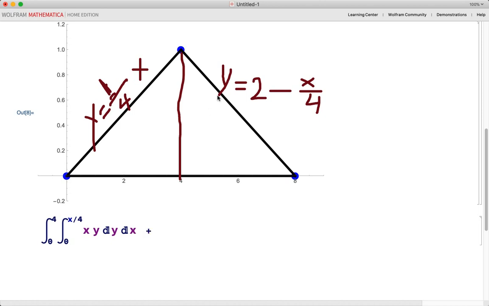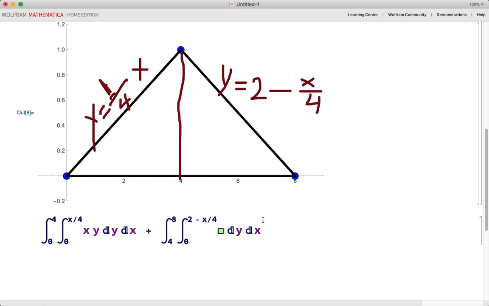Plus, now I have to take care of the right side of the triangle. Here, the x limits go from 4 to 8, and my y limits go from 0 up to 2 minus x over 4.